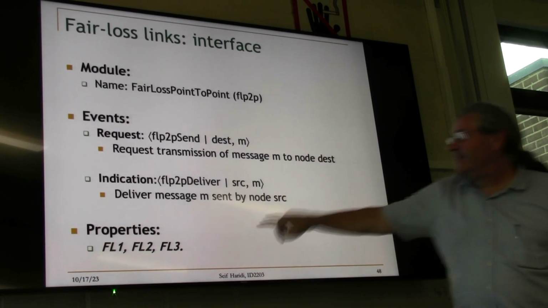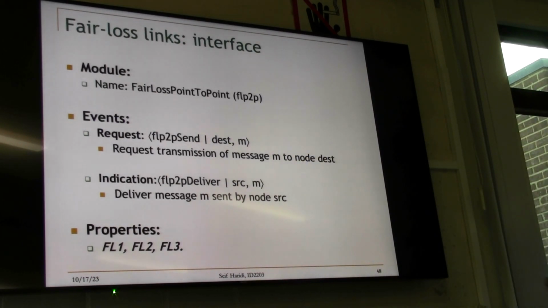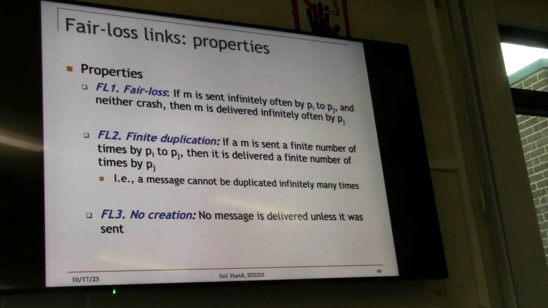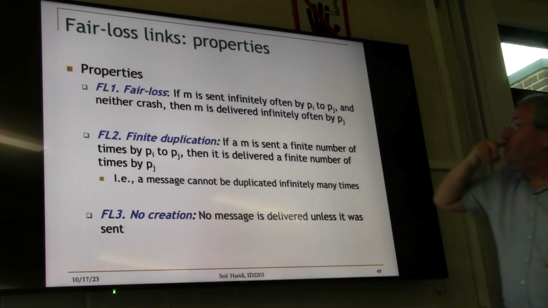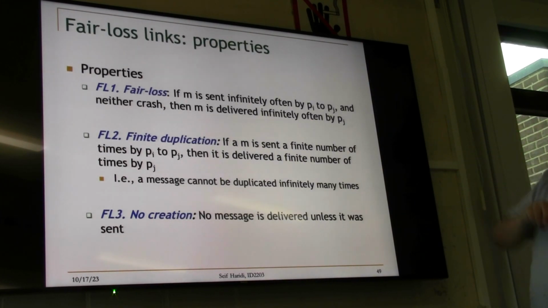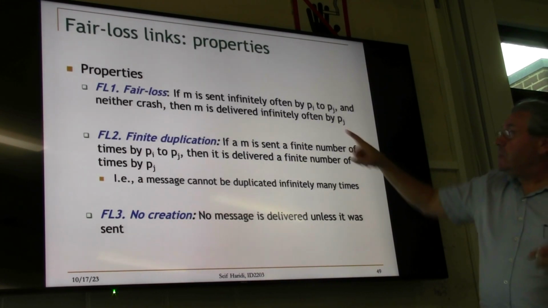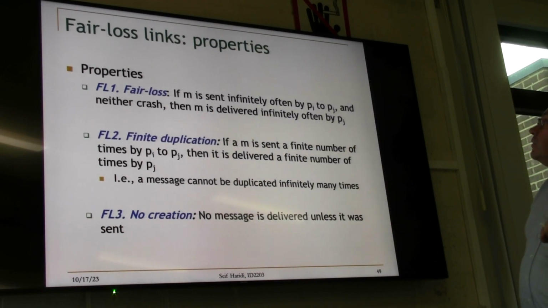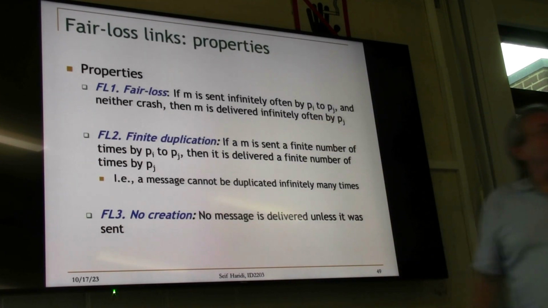It's not so hard. And there are three properties, though. The properties are what makes it interesting. There are three properties that we are going to assume that Mr. Bonaventure has to give us. And the whole course is built on top of these three little properties. So FL1 is the fair loss property. If M is sent infinitely often by PI to PJ, and neither of the nodes crash, then it will be delivered infinitely often.